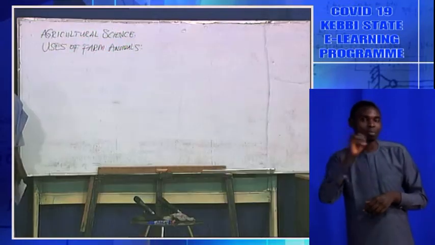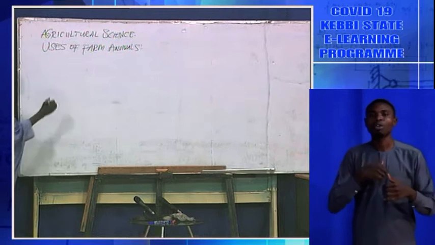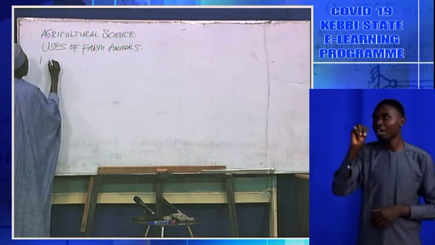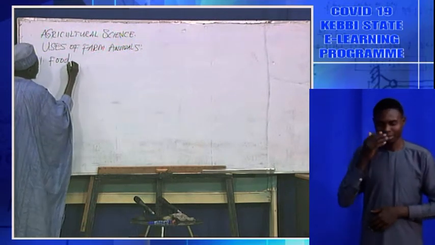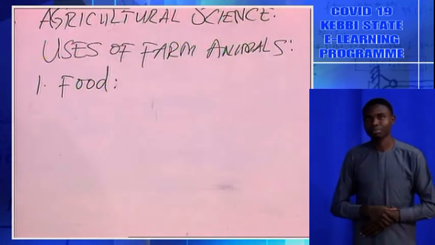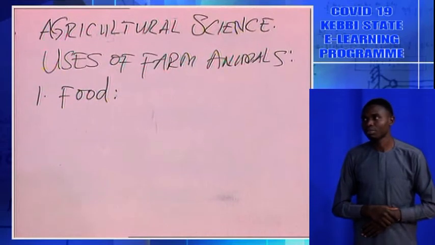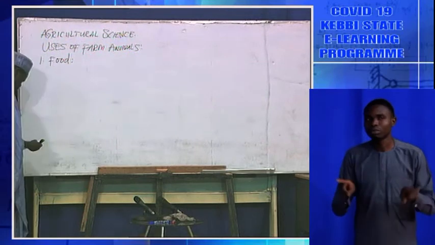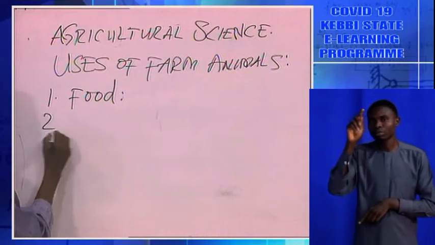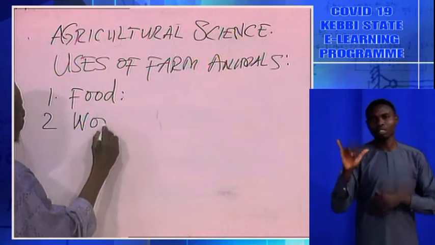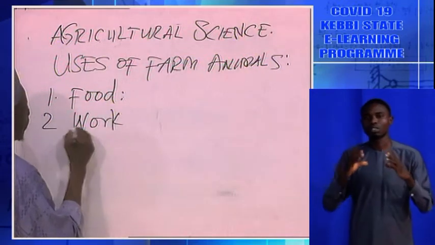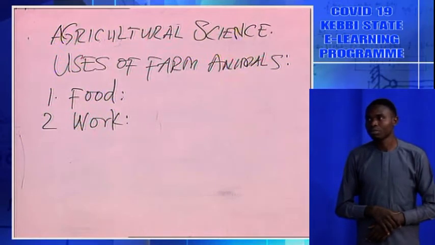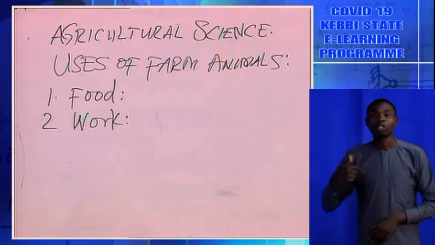So what is the number one use of farm animals? One, they are used for getting food. Next, apart from food, is work. Number two, work. Next, apart from work, we have sports.